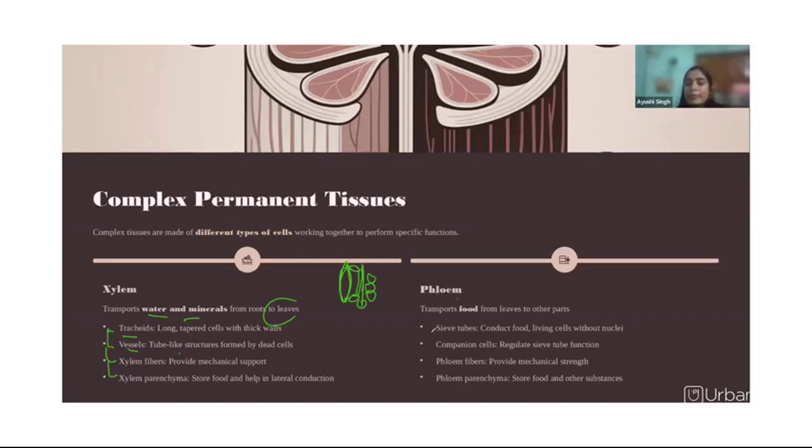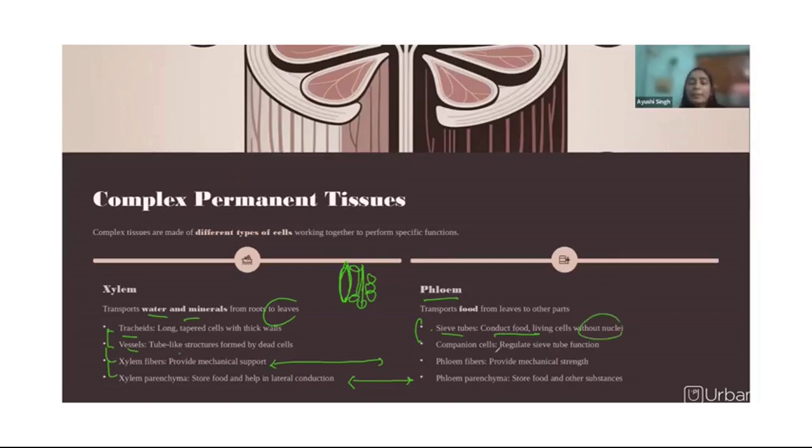Here in phloem, you will see different parts. Fiber is common and parenchyma is common. Now here two different parts are there. The first is sieve tubes, which conduct the food. They are living cells without any nucleus, which helps in the conduction of food.